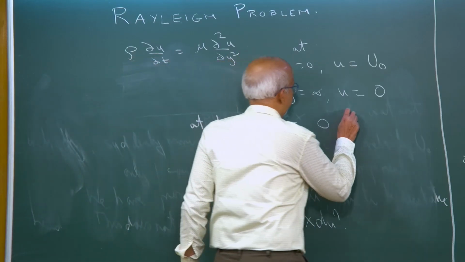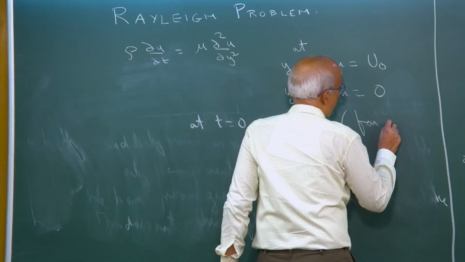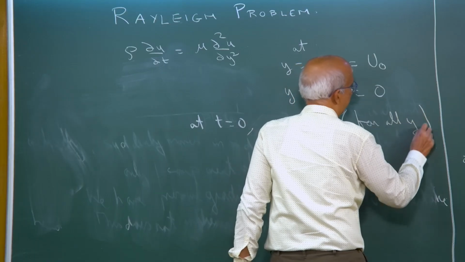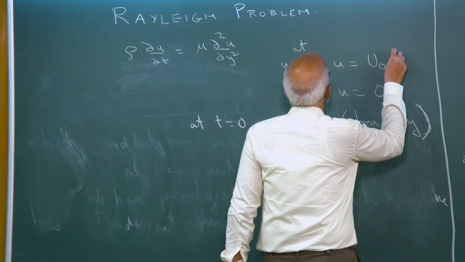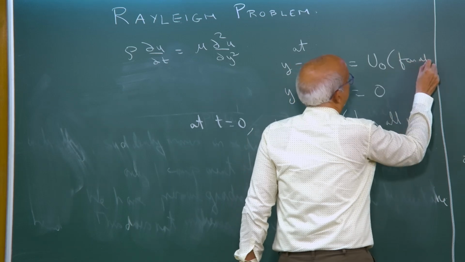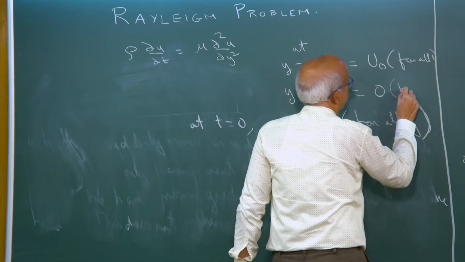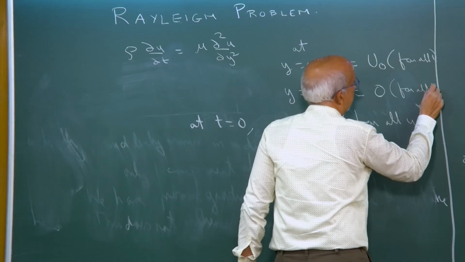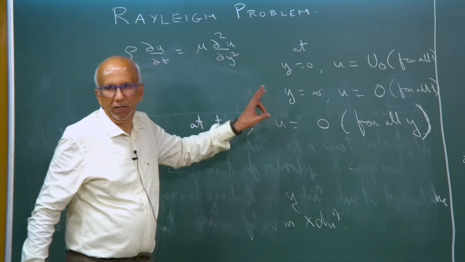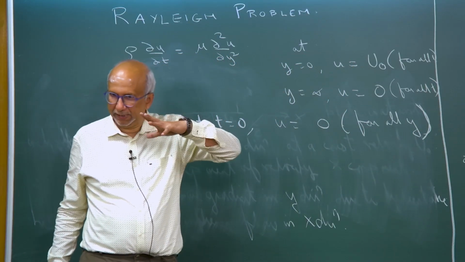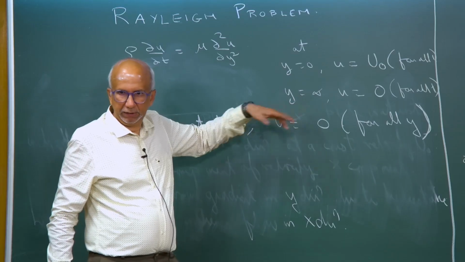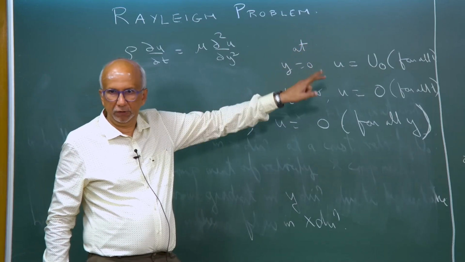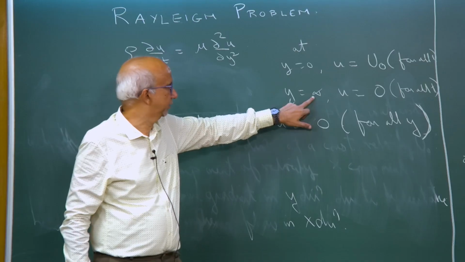This is for all y, and this is for all t. So, u is a function of y and t. I am specifying y, therefore, this is valid for all t. For all t, this is going to be 0.